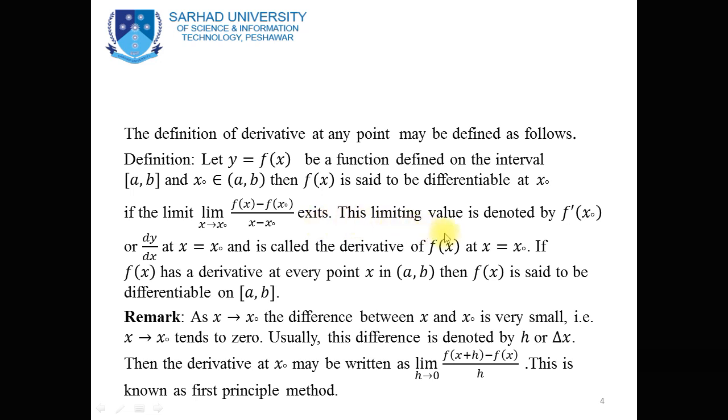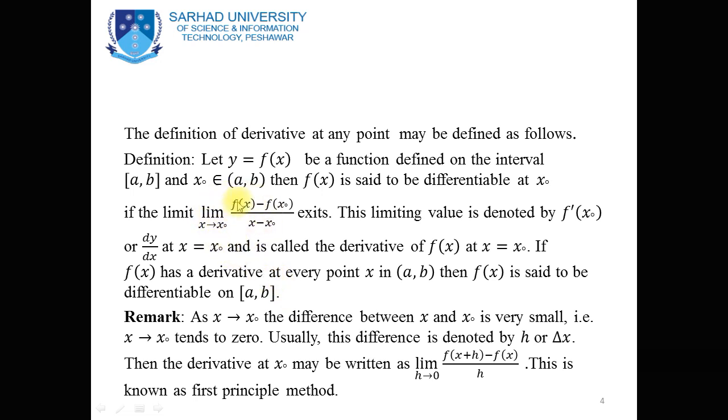This limiting value is denoted by f prime at x naught, or derivative of y with respect to x at x equal to x naught, and is called the derivative of the function at x equal to x naught. If the function has a derivative at every point x in the open interval AB, then the function f of x is said to be differentiable on the closed interval AB.